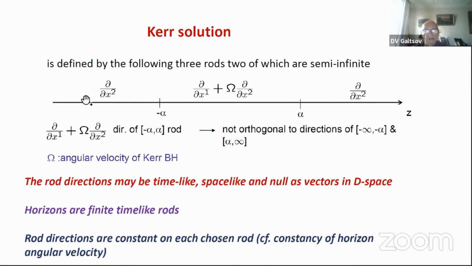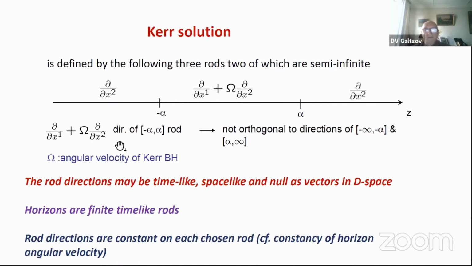Then the other rods are infinite: this is the polar axis, this is the south pole, and this is the north pole. And here the direction is just d phi. So this structure is rather simple.